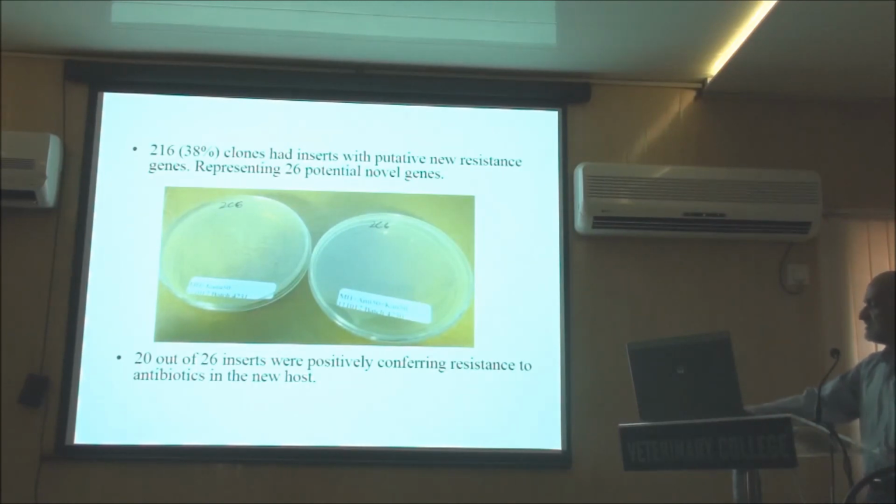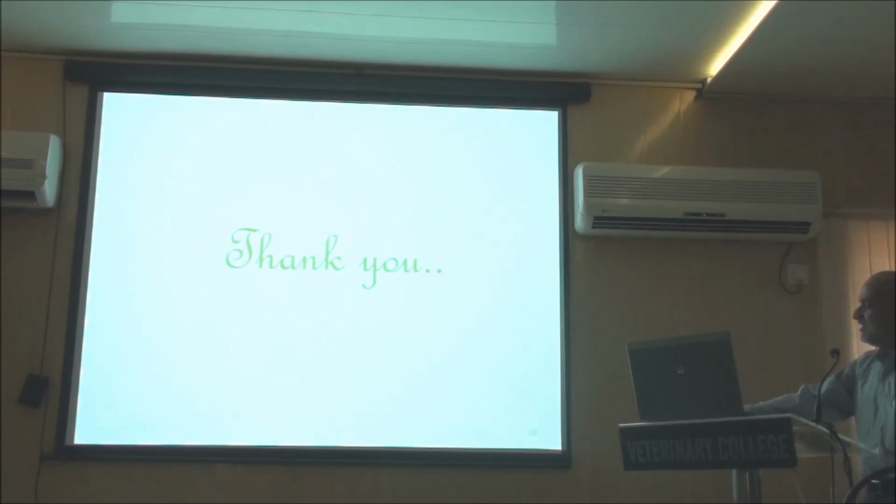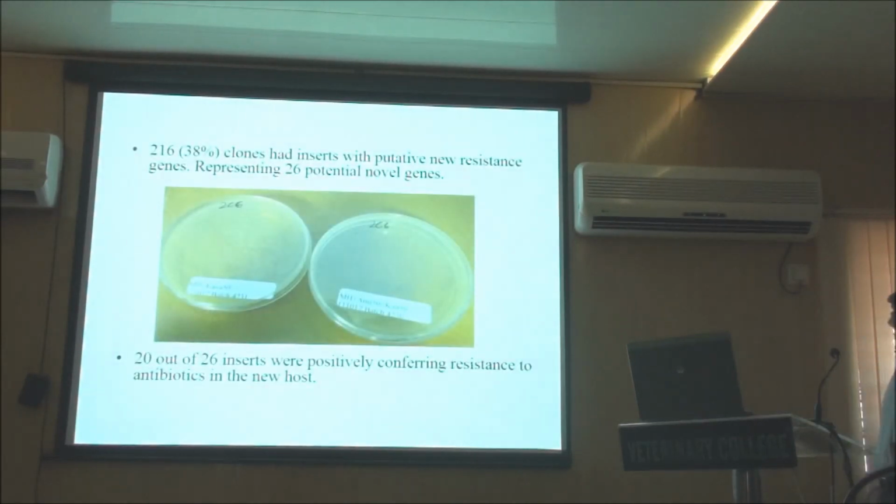I mean, this was the transfer study. But finally, what we had also discovered was that 38% of clones had inserts with putative new resistance genes. When we sequenced the clones, the remaining clones had known antibiotic resistance genes which were already known, but 216, which is 38% of clones, had potential new antibiotic resistance genes.